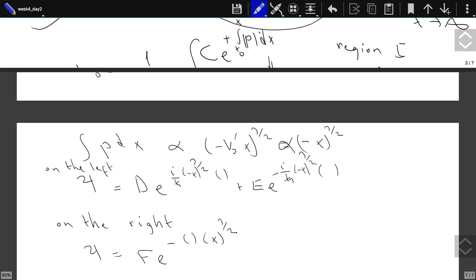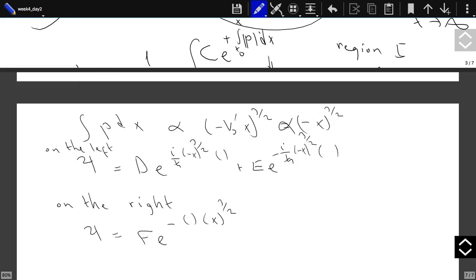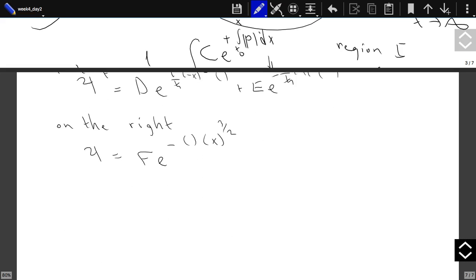Now let's look at the Airy functions. This is our approximate solution on the right of the turning point, the classically forbidden region. You shouldn't memorize the Airy functions, but the properties of the Airy functions are asymptotics.